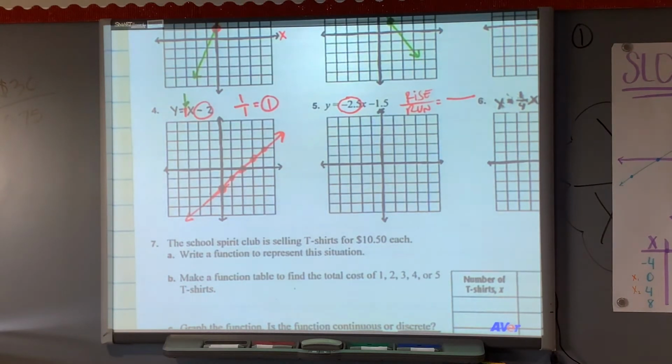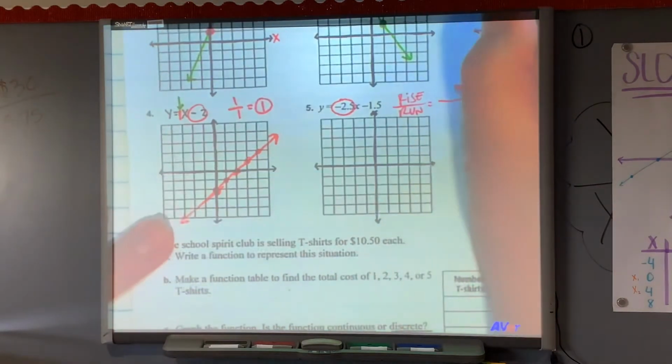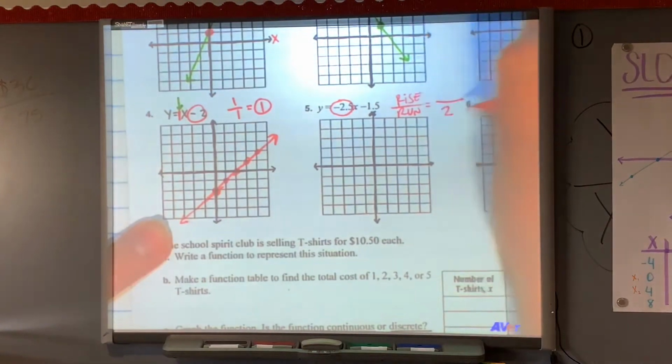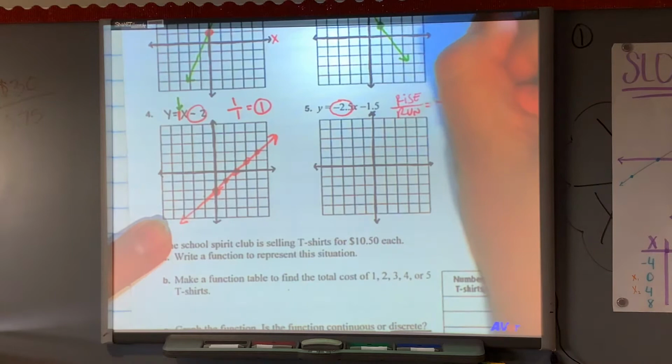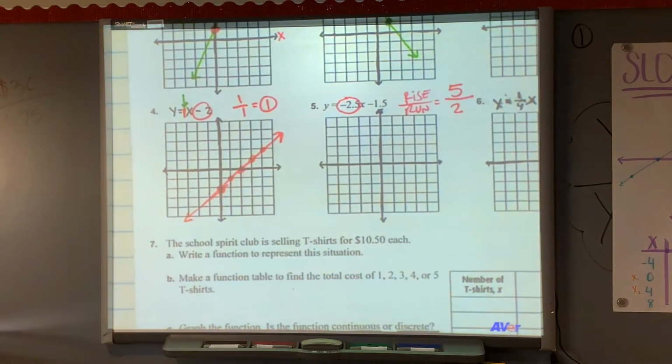If I create that into an improper fraction, hold on, I'm thinking, guys. I'm going to divide by 2. It should be 5 over 2. Okay, 5 over 2.